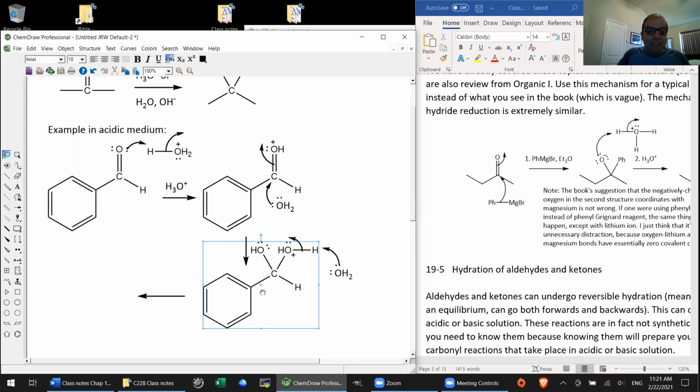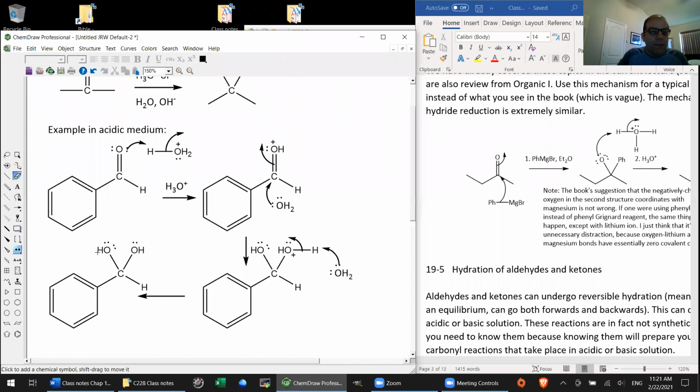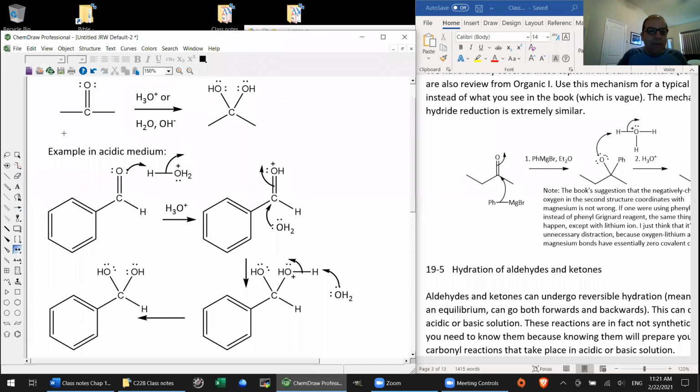Once we've done that, then we have our neutral hydrate. And hopefully you can see the similarity between this structure over here and this one over here. They're effectively the same thing. Right, so that's how this reaction would look in acidic medium.